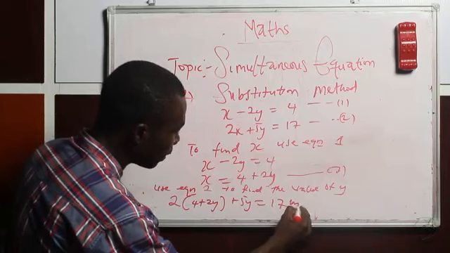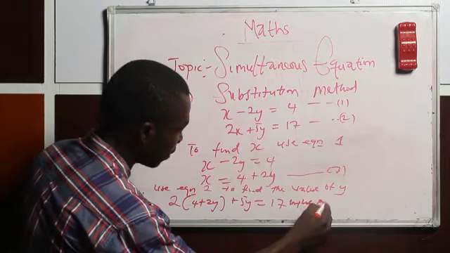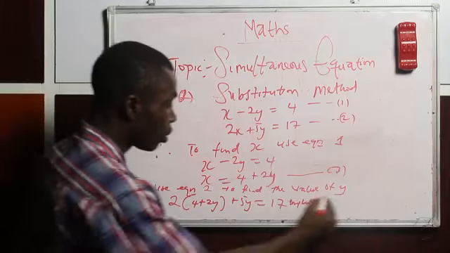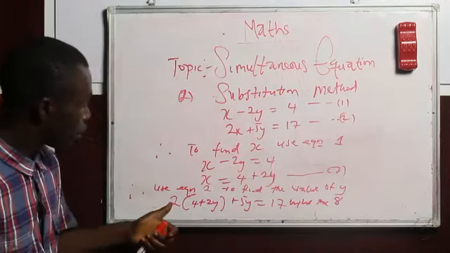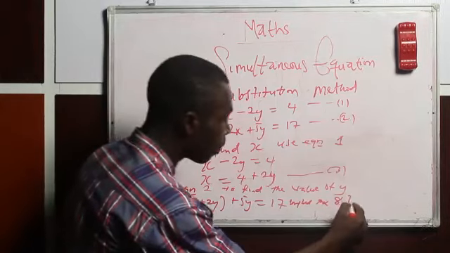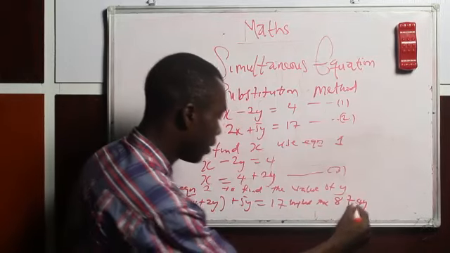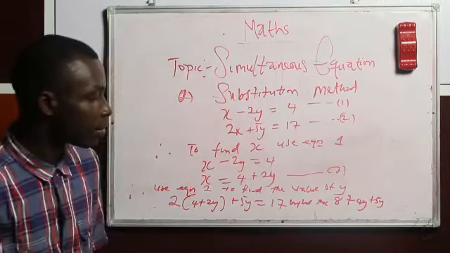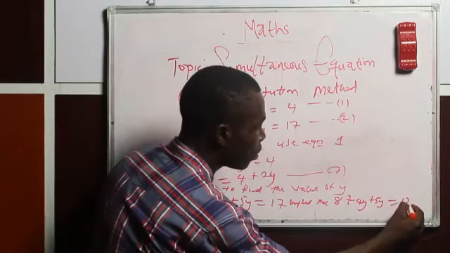Which implies that we open a bracket: 2 times 4 gives us 8, 2 times plus 2y gives us plus 4y, plus 5y equal to 17.